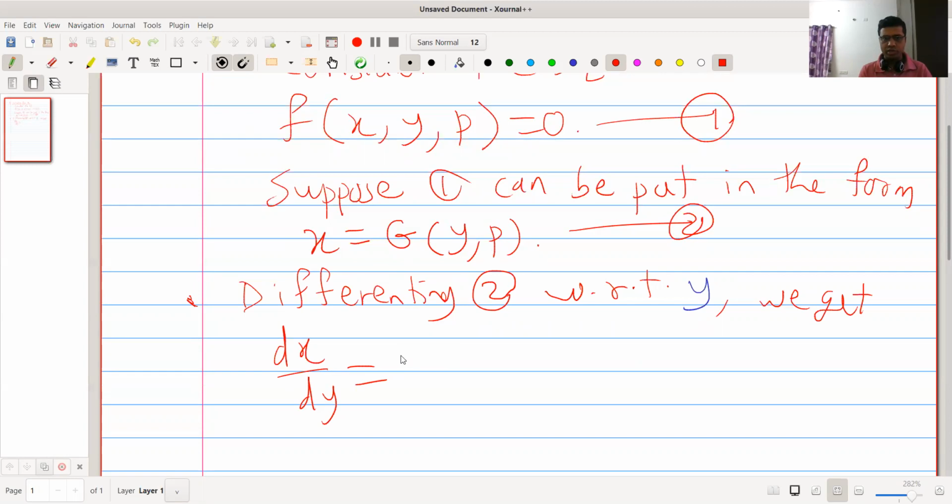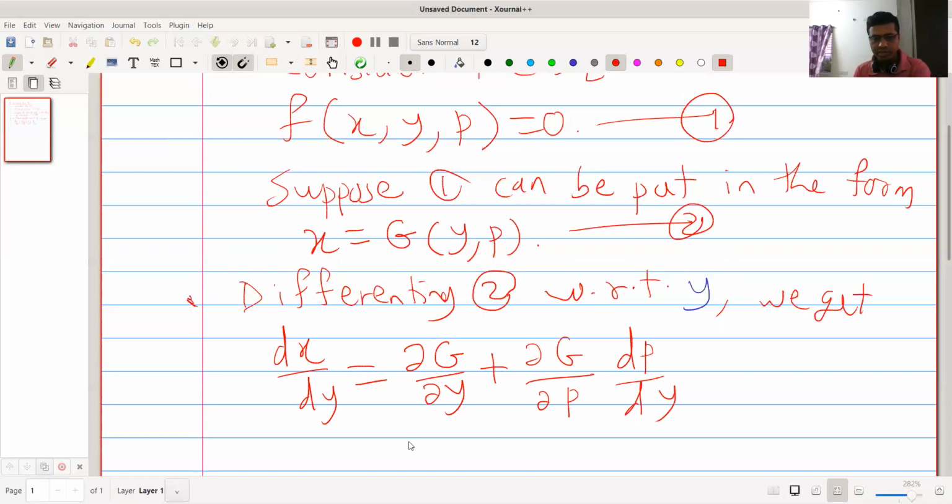So it is partial derivative of g with respect to y into 1 because it is dy by dy plus partial derivative of g with respect to p into dp by dy.